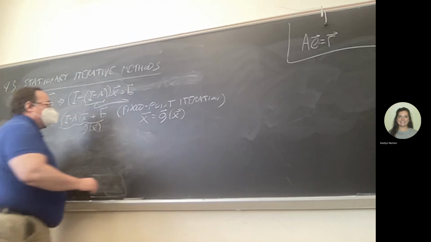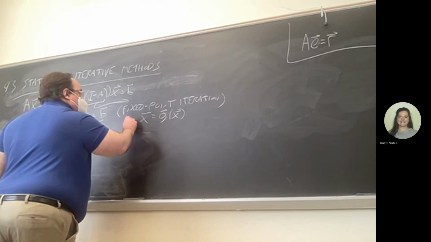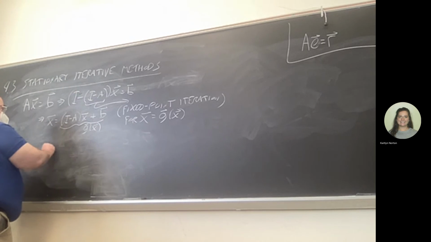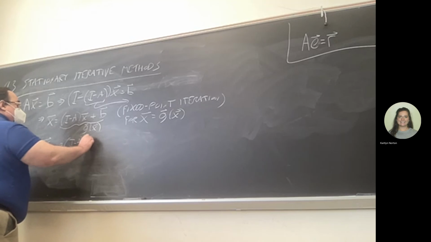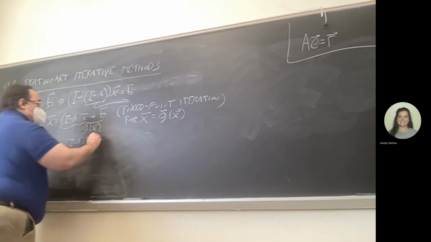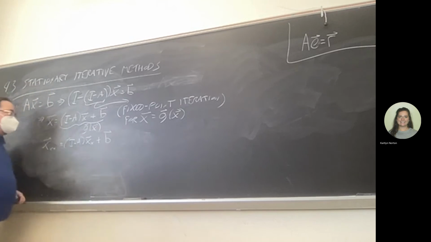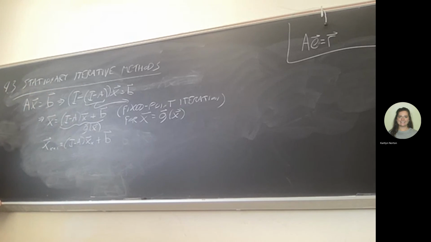Now I can write my iteration: x k plus 1 is equal to identity minus A times x k plus B. So I could make an initial guess for x, plug it in here, get my next iterate, keep doing what's called successive substitution, and hopefully this will converge. But at this point, I have no way of knowing if this iteration is going to converge. In fact, it may very well not.